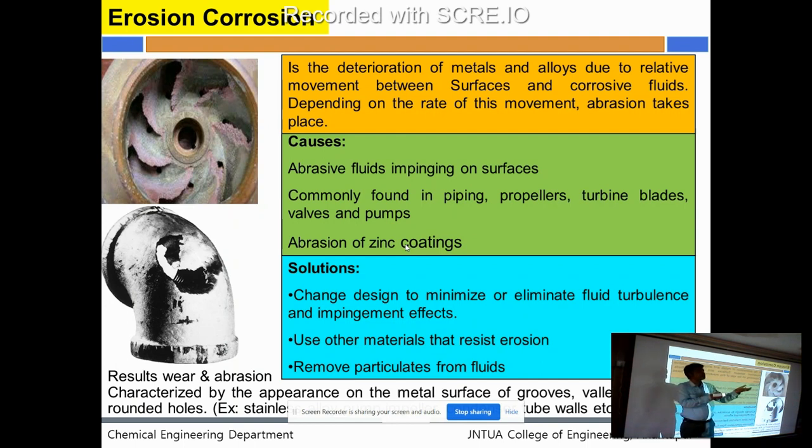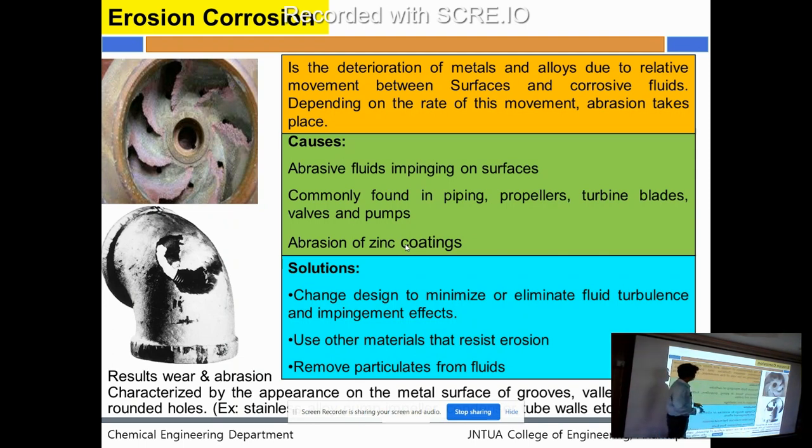Again, it will get corroded. The surfaces will be eroded. You observe the rotors. Why will rotors get corroded? Because they move with very high velocities, so there is a relative movement between the fluid and the surface. That's why it will get corroded.